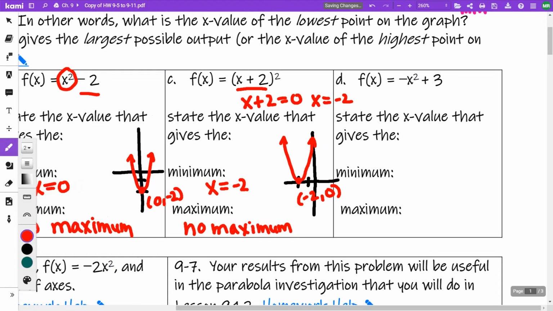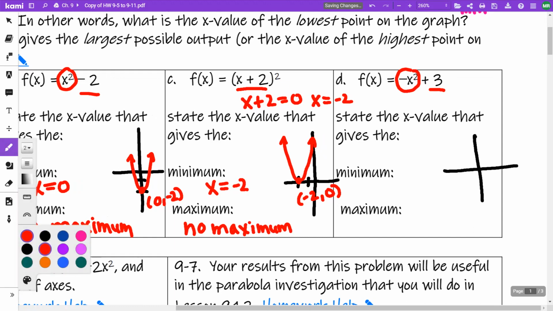On the next one, that +3 is going to move the graph up 3. But we have a negative in front of our x squared, which means the parabola is going to open down. So normally, if it was just -x squared, it would start here and it would open down.